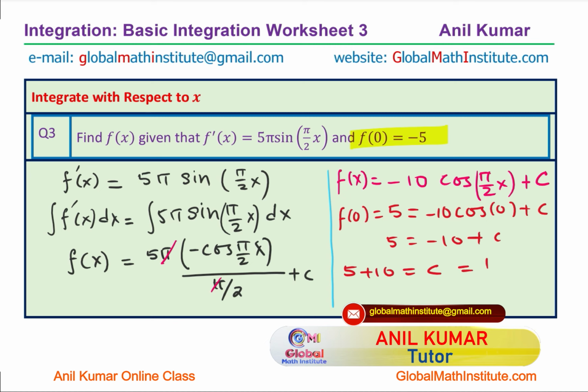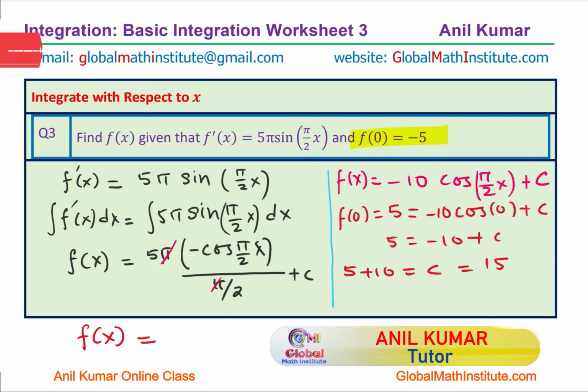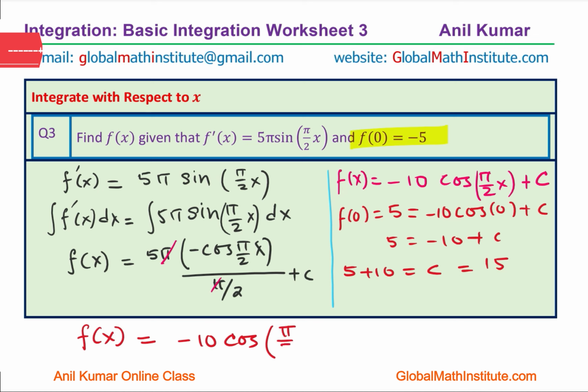So c is 15. Since c is 15, we can rewrite our equation, and the solution is f of x is equal to minus 10 cos of pi by 2x plus 15. So that becomes the solution of the given question.